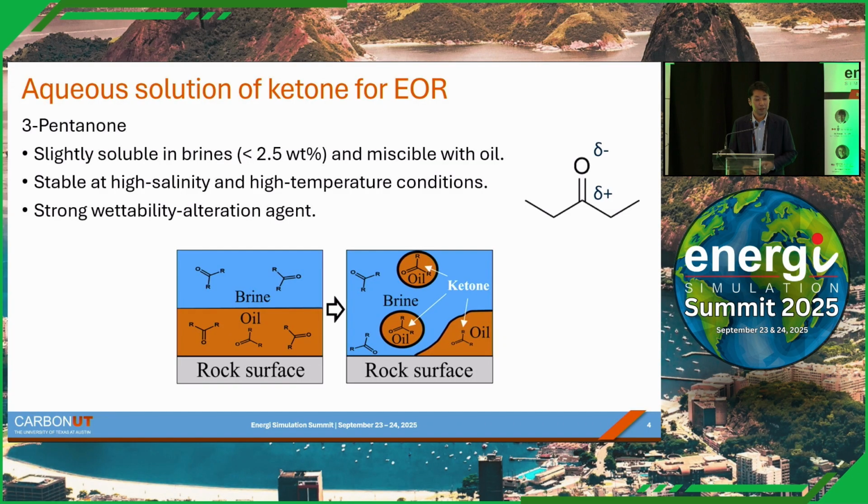And large-scale numerical simulation indicates the amount of ketone in the produced oil is very low. So operators do not have a major concern for the downstream. That's exactly the question we received from field operators.